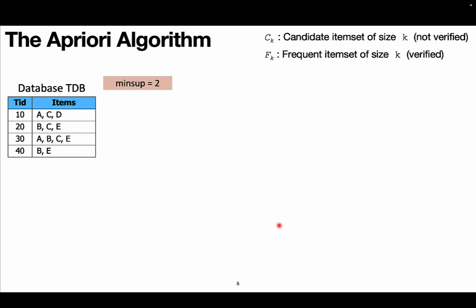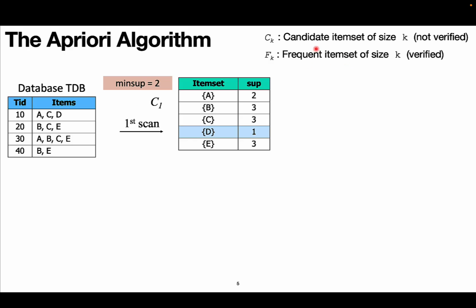Let's walk through an example to understand how the a priori algorithm works. Suppose that we have a database with 4 transactions and we set the minimum support to 2. The algorithm starts by scanning the database to get the candidate item sets of size 1, which consists of 5 item sets A, B, C, D, E with their support.